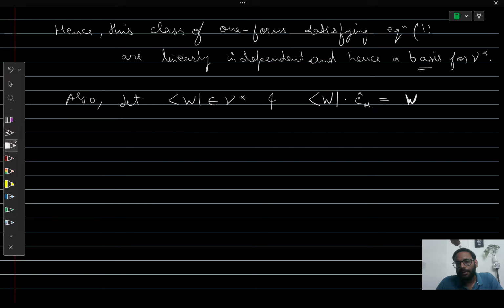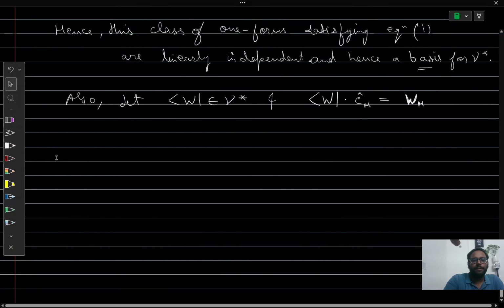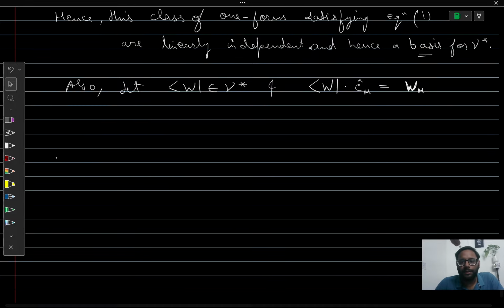Let us just take this curly for the basis vectors only, and this cap only for basis vectors. So the component in the mu direction will be given by this. You just take this inner product.